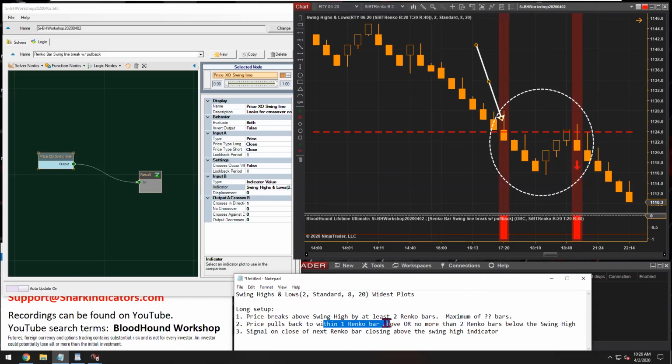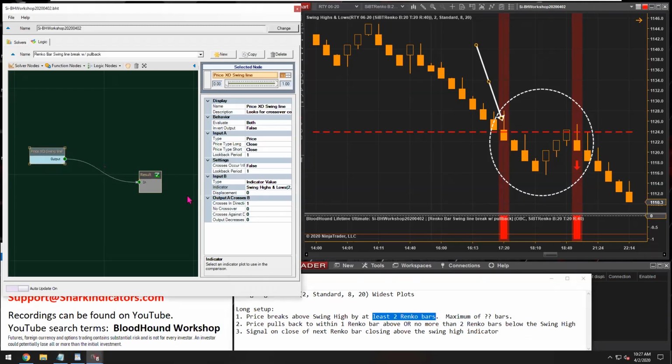That's all right. The next thing we need to do is make sure that we get at least, right, so we need price to break at least by 2 Renko bars. So let's see here. What I'm going to do is use this look back period and set it to 2, right? So we can see that's counting 2 bars past the crossover here.